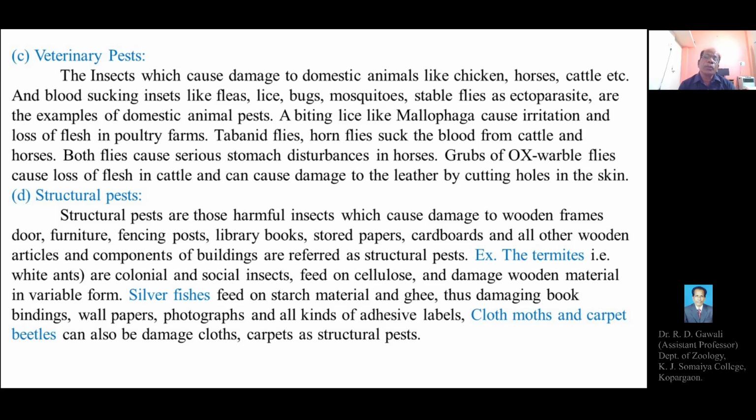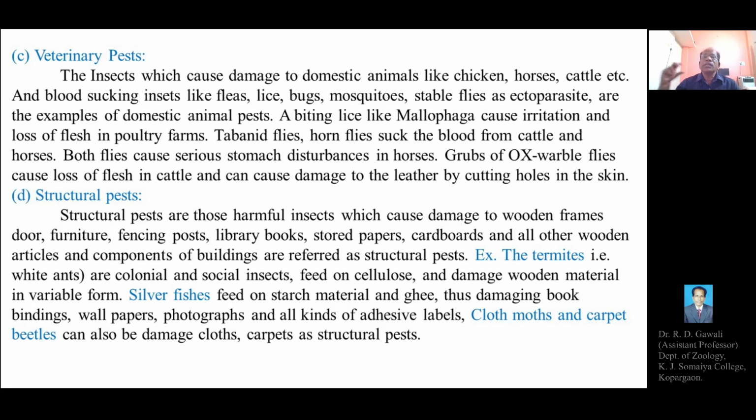That's why it is essential to study the veterinary pest or animal pest which attack different types of domestic animals and cause their loss or damage.